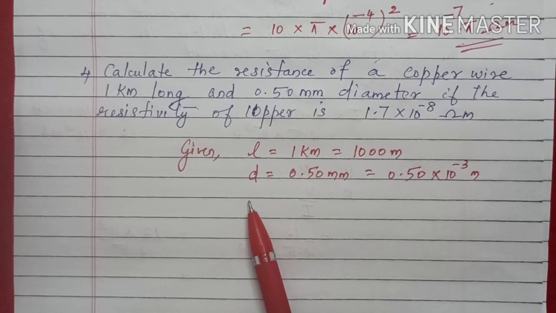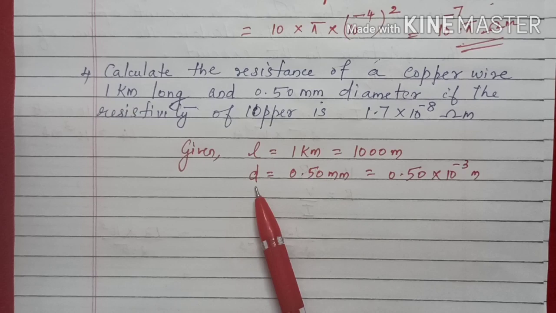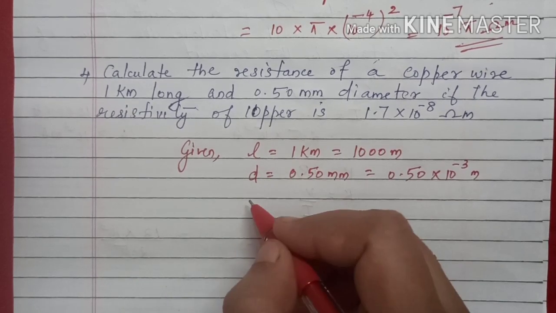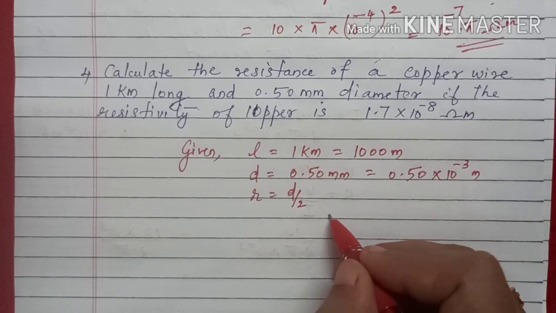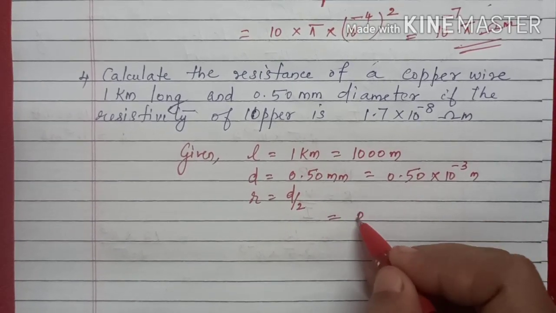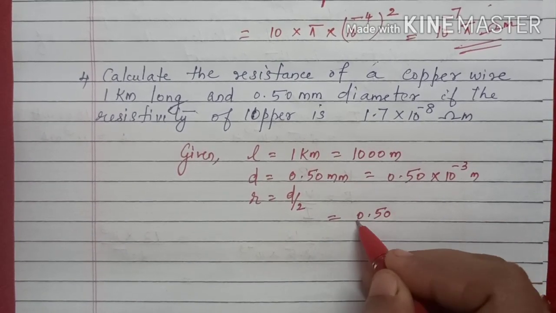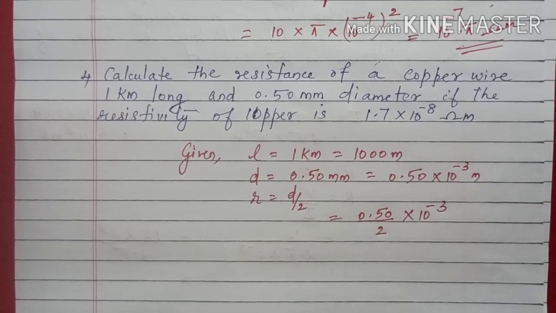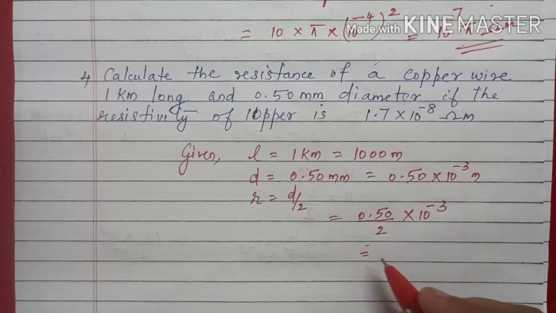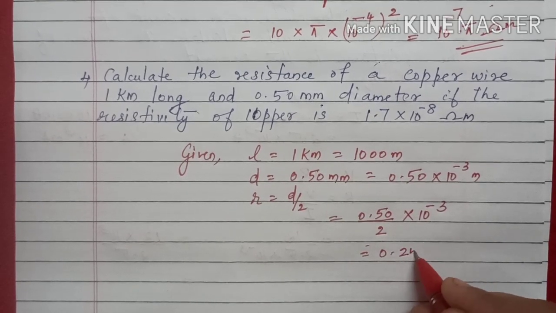Now what we want is radius. So you have to take the half of diameter. So r is equal to d by 2. Clear? When you take d by 2, you will get 0.50 by 2 into 10 power minus 3. So what is 0.50 by 2? It is 0.25.